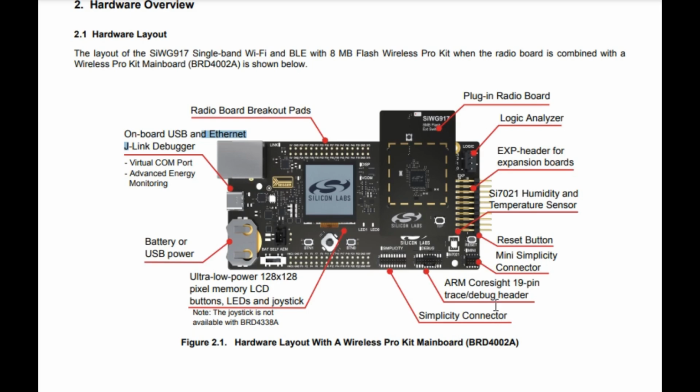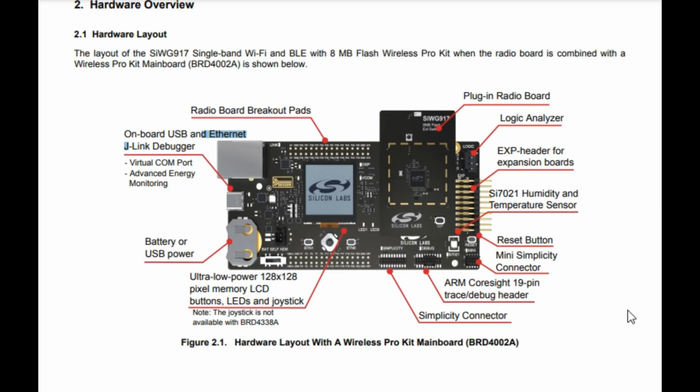Or if someone has some other Silicon Labs board, where they want to debug that particular board using the onboard debugger, they can use these debug connections and connect it to the debug pins on that board. So that means debug input and debug output is also possible using this main board, which is a very important feature, right? It's not just the board plugged in here, you can also debug other boards.